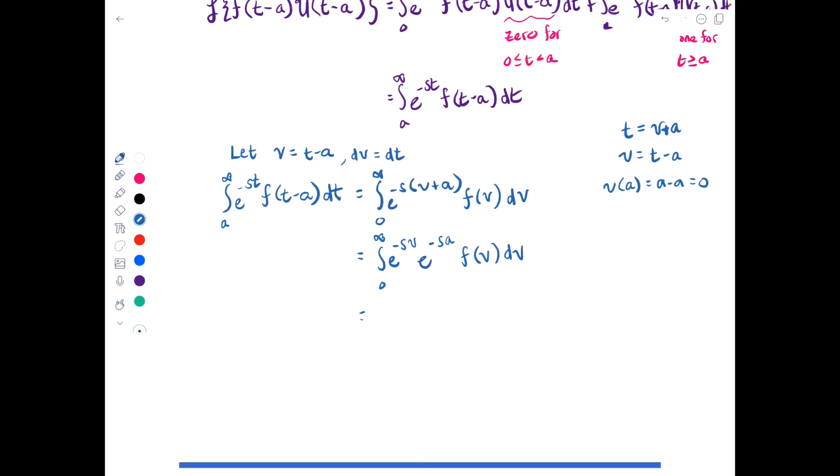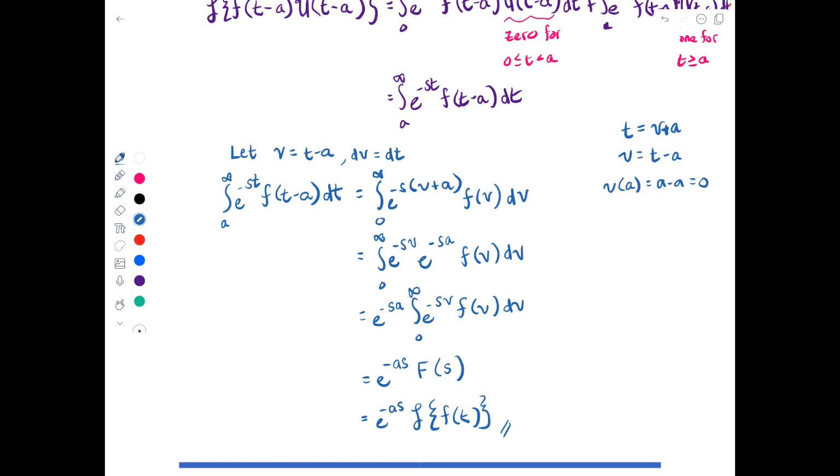So we can actually factor out the e to the negative sa, because it doesn't have a v in there or a t, times the integral from 0 to infinity of e to the negative sv f at v dv, which is just equal to e to the negative as times capital F at s. And that, of course, is equal to e to the negative a times s times that Laplace transform of f at t.